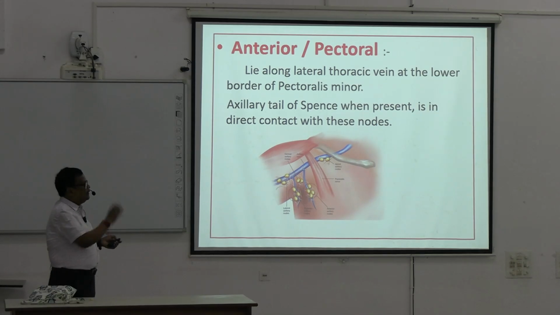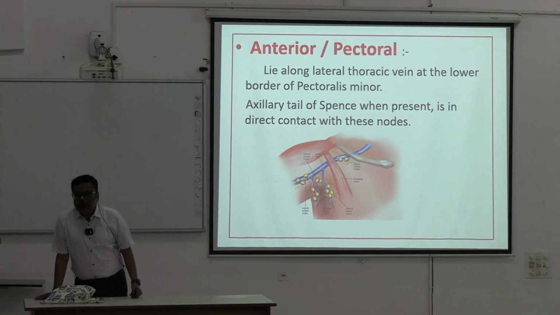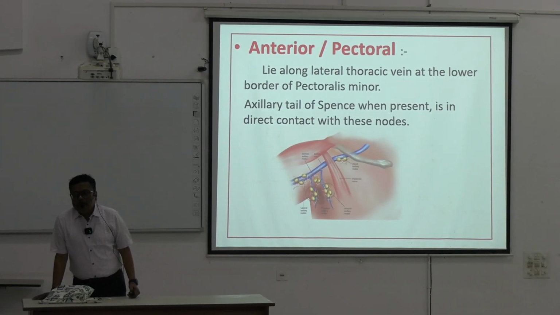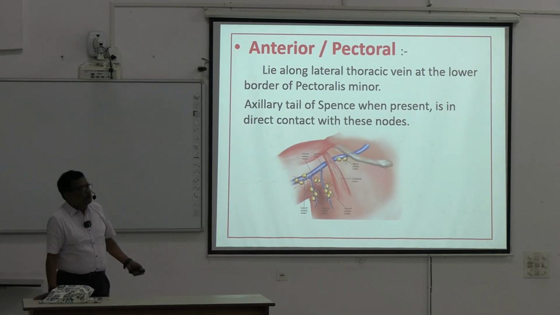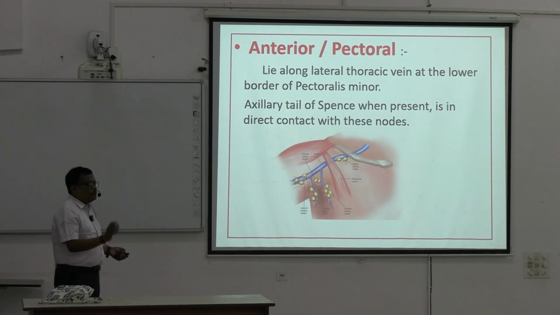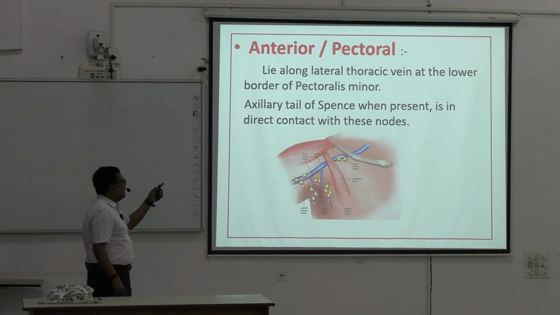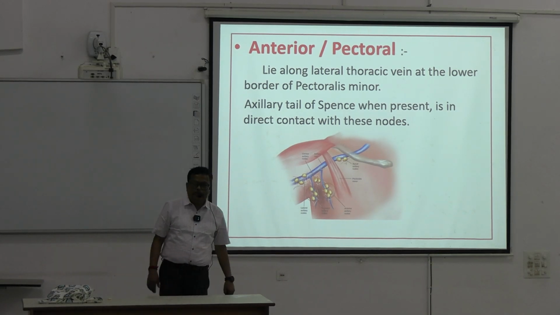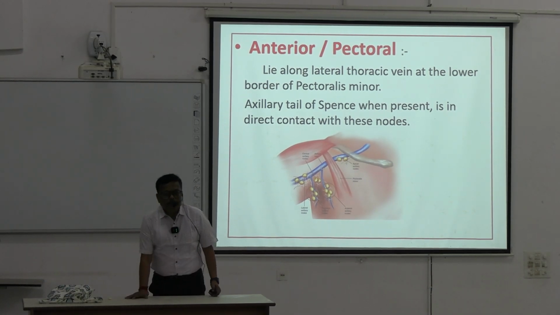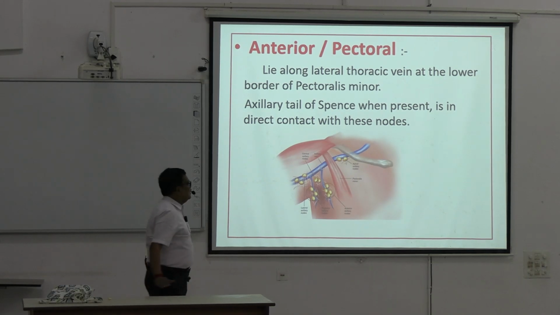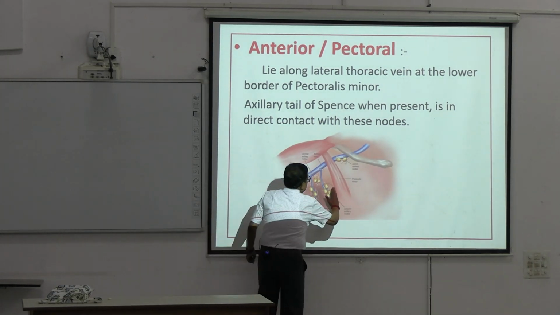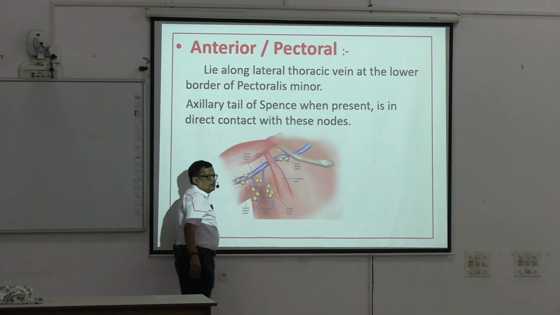Now, another name for the anterior axillary nodes is the pectoral group of lymph nodes. What is the situation? Number one, they lie along the lateral thoracic vein in the anterior wall of the axilla, just below the lower border of the pectoralis minor muscle.